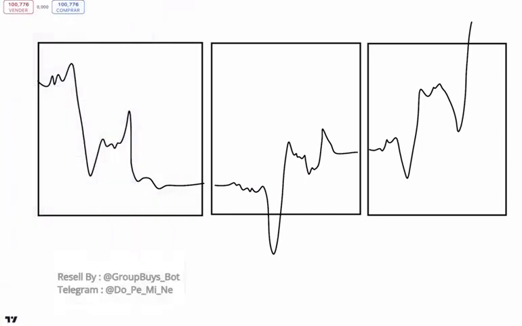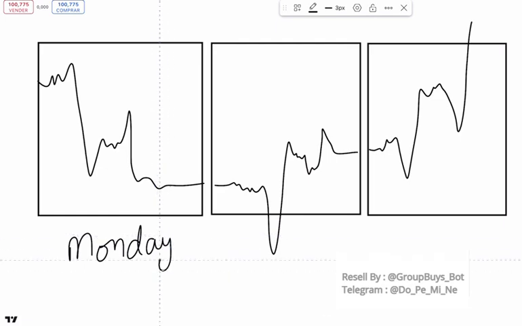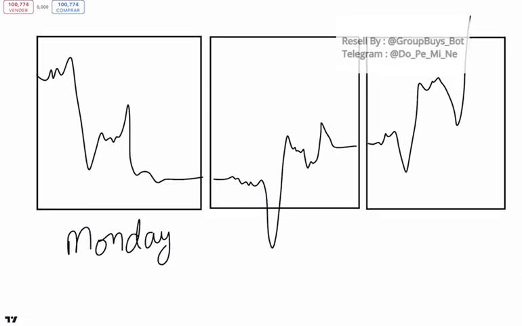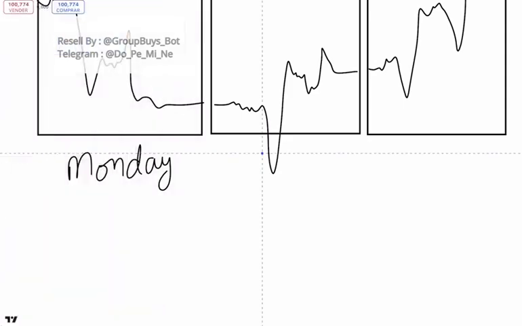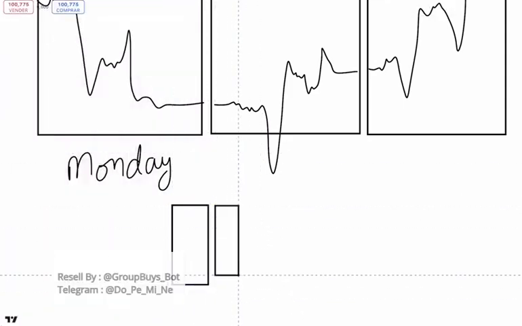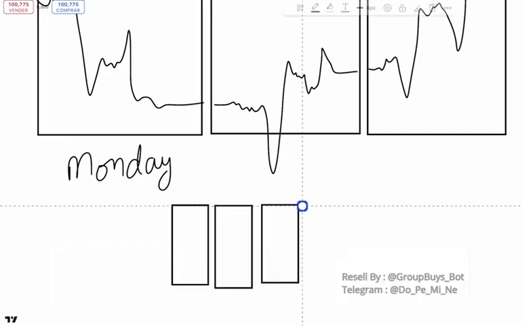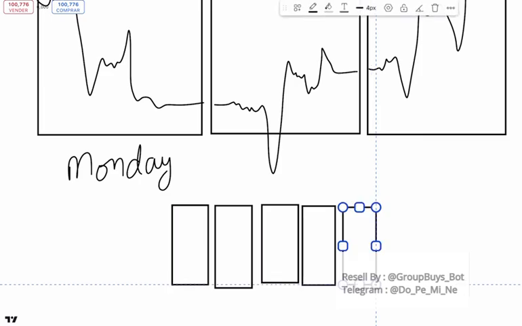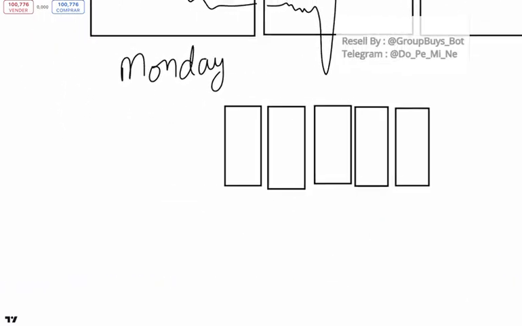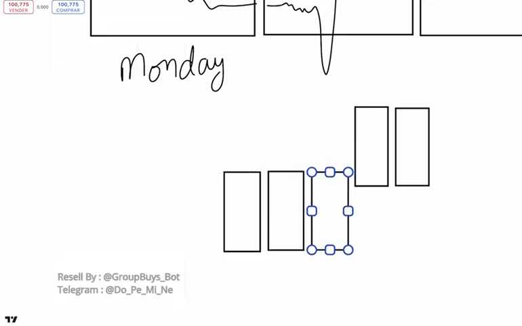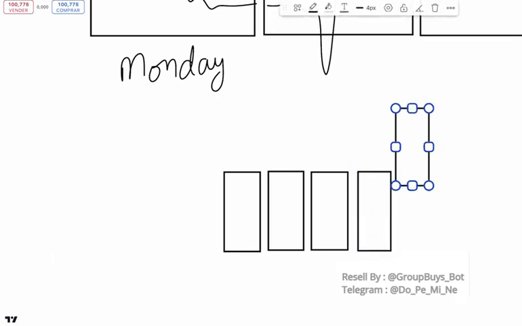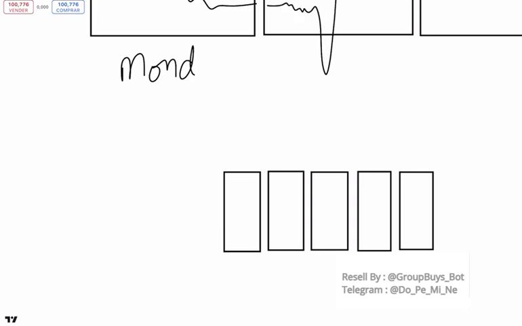There are some ways to narrow this down. For example, candle 1 is Monday, because, you know, the week is divided in two. Monday candle, Tuesday, Wednesday, Thursday, Friday. This is the weekly candle, right? And this is where time comes into play, and this is why time is more important than price.